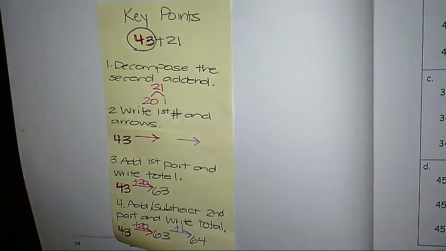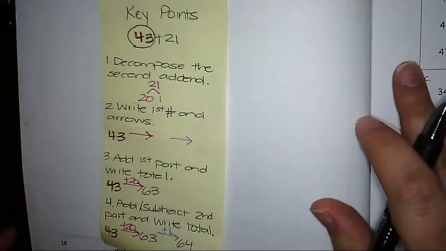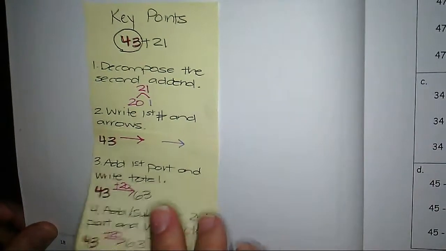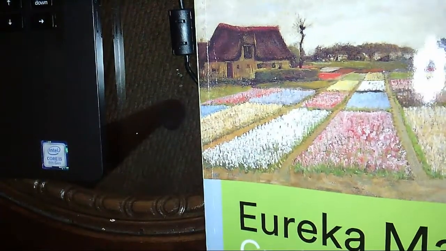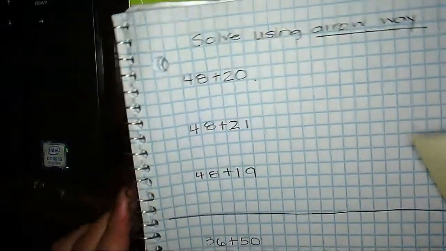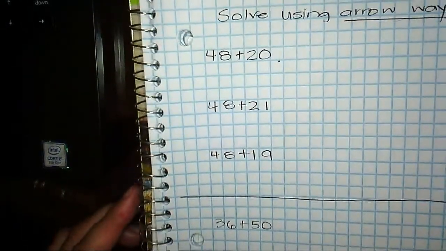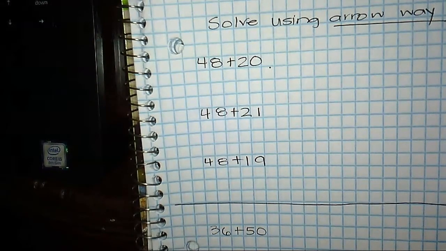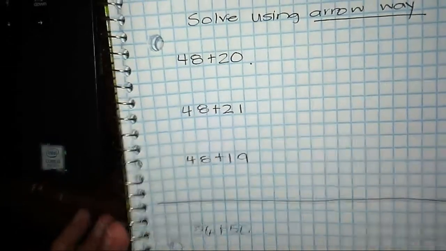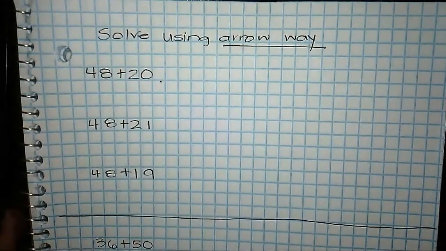Great job copying the key points, boys and girls. Okay, now that you're ready for the live class, you have 10 seconds to get a white piece of paper and you're going to copy what I do. 10, 9, 8, 7, 6, 5, 4, 3, 2, 1, and 0, boys and girls.